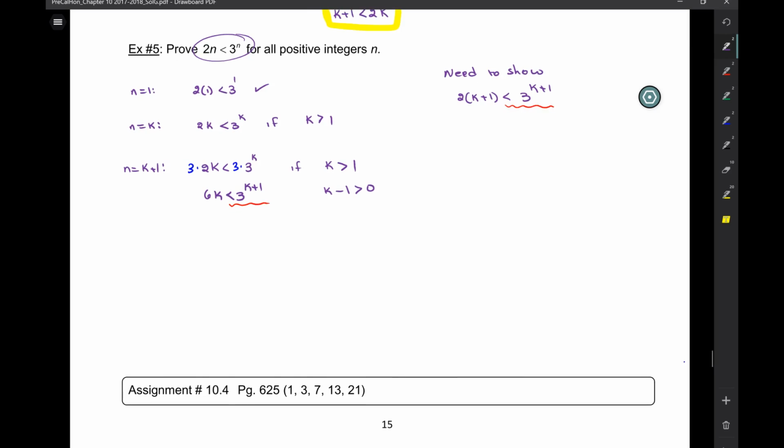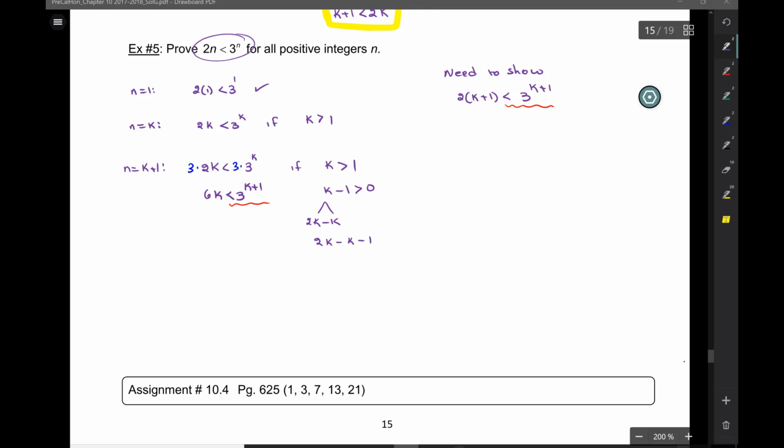If I wrote this as, I'm going to do trial and error, 2k minus k, then I get 2k minus k minus 1. Let's see if this is going to work. Is that going to work? No. Why not? Well, it might work.